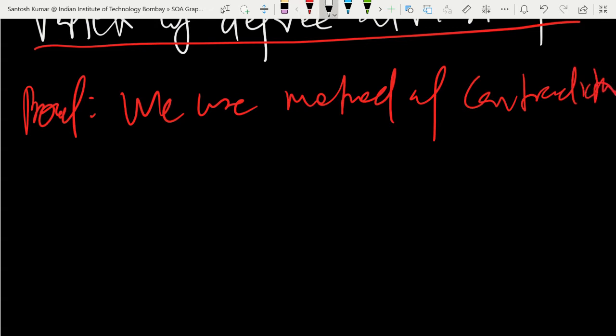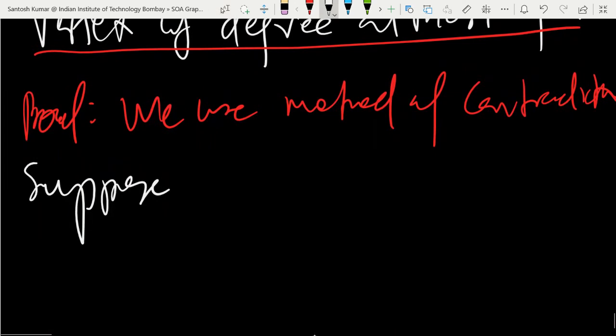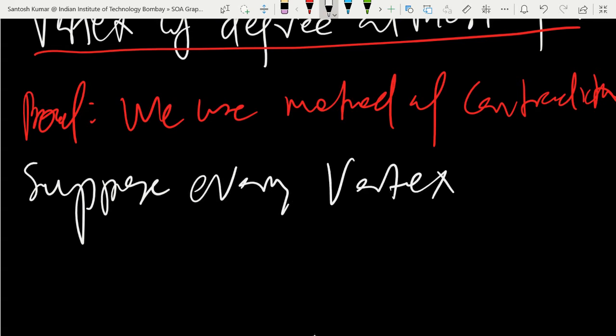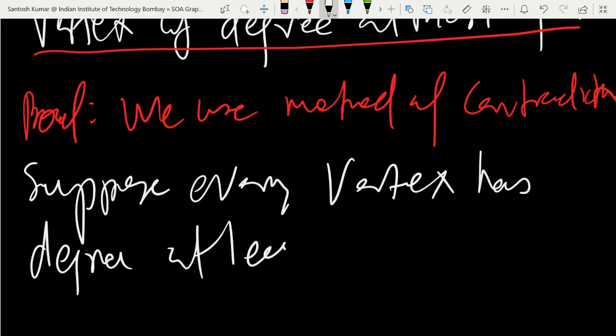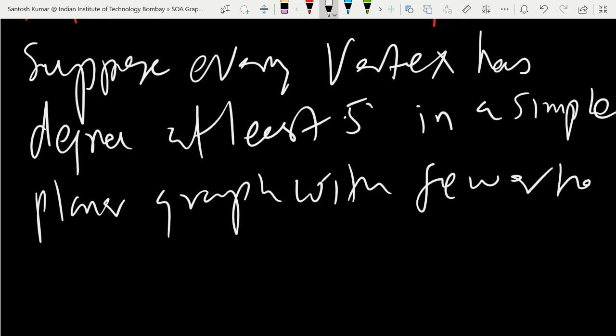So we'll assume that, suppose every vertex has degree at least 5 in a simple planar graph with less than 12 vertices.